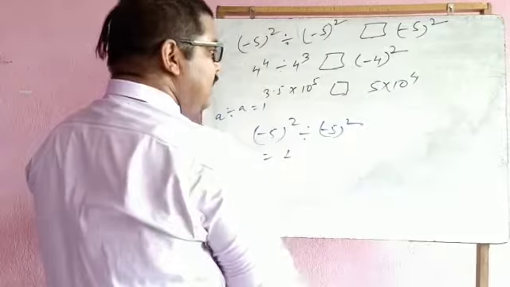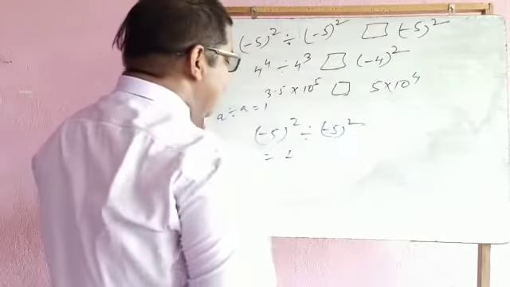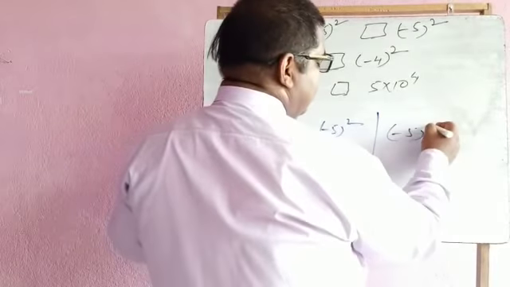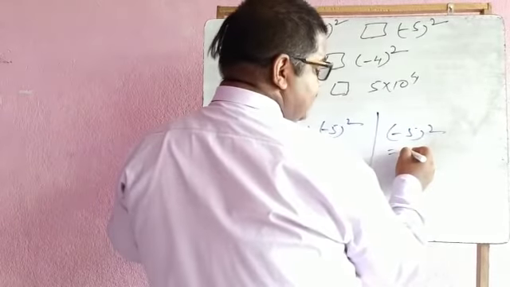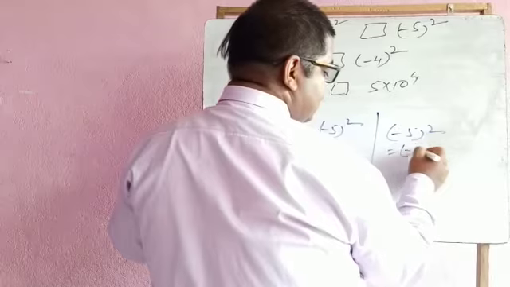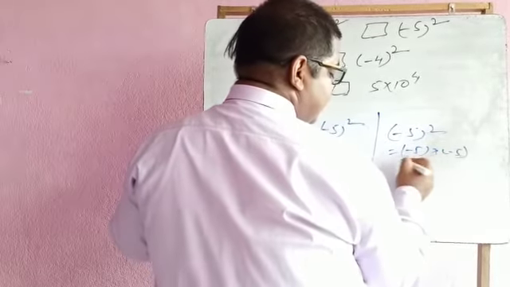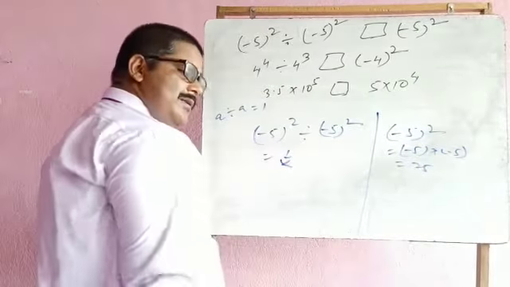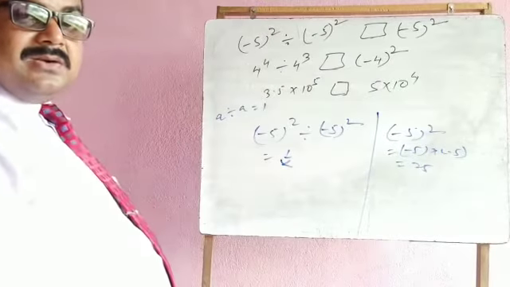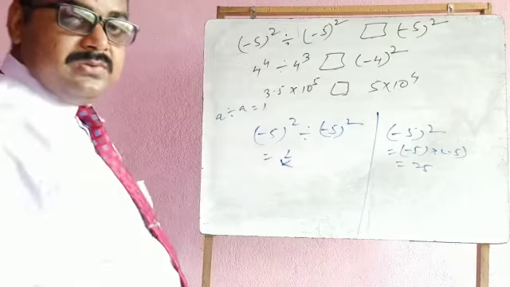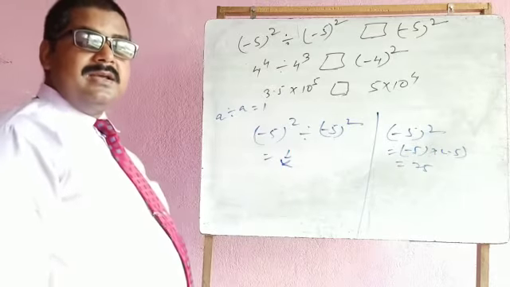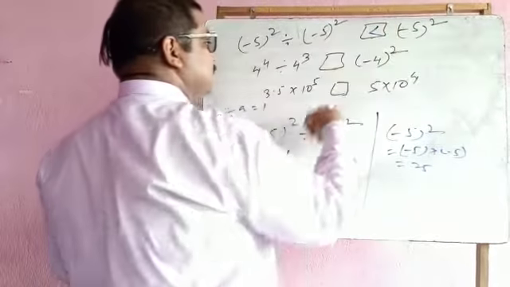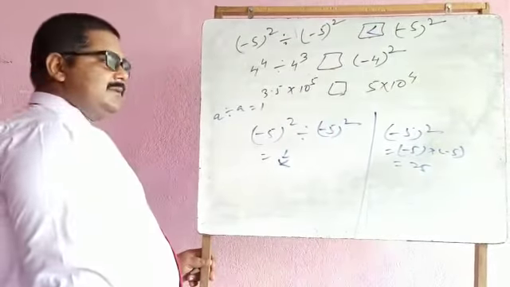So the result is 1. And in the RHS, what has been given? In RHS is given minus 5 square, which can be written as minus 5 into minus 5, and it can be written as 25. Which one is greater? 1 is greater or 25? You know very well that 1 is smaller as compared to 25. So in the first one, you have to put the less sign.